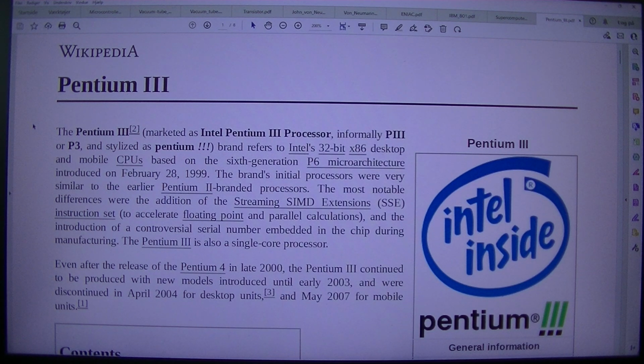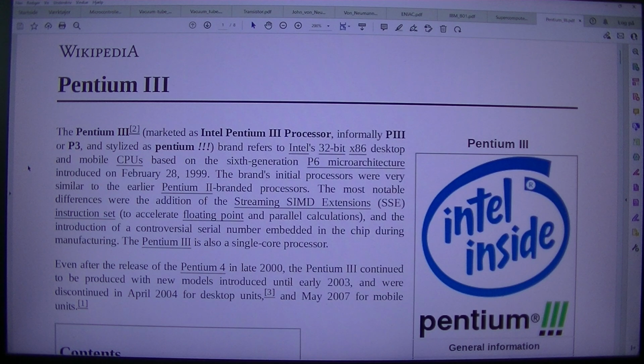The Pentium 3, marketed as Intel Pentium III processor, informally PIII or P3, and stylized as Pentium III, refers to Intel's 32-bit x86 desktop and mobile CPUs based on the sixth generation P6 microarchitecture, introduced on the 28th of February, 1999.